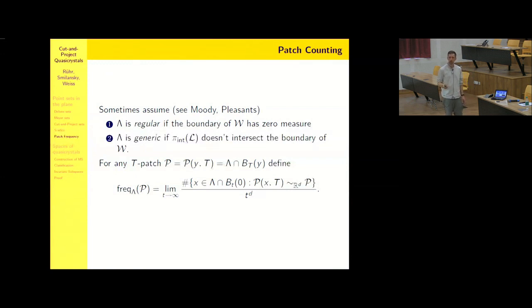To make the frequency well defined, one sometimes has to make more assumptions on the window, which will be satisfied if the window is open. So just think of the window being open. The goal for me is to give some counting result for patches.